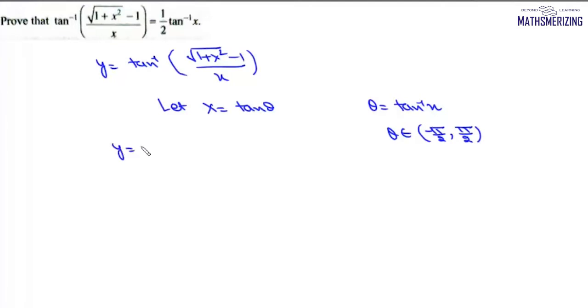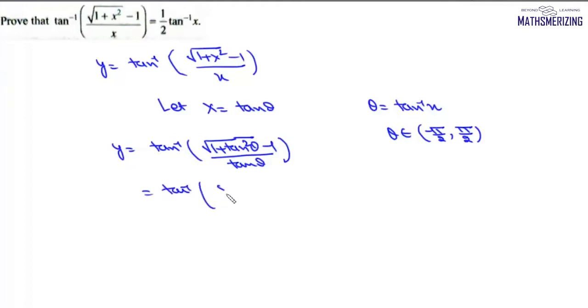Now we'll put x as tan theta. We can write this as tan inverse, now it will be under root of 1 plus tan square theta minus 1 upon tan theta. Now 1 plus tan square theta is secant square theta, so it will be secant theta minus 1 upon tan theta, and we can write this as tan inverse of 1 minus cos theta upon sin theta.